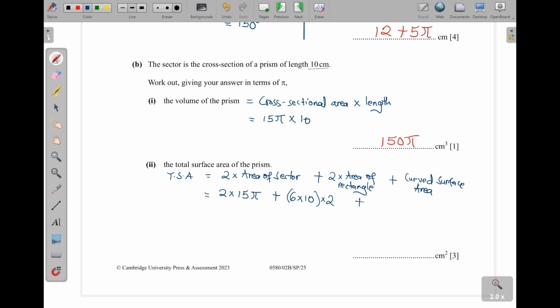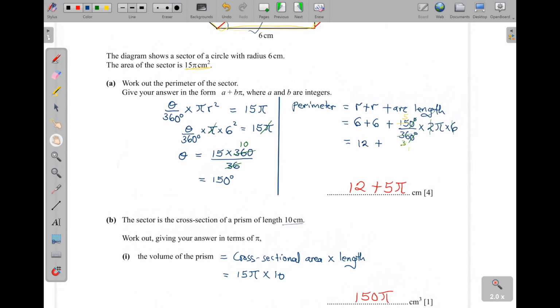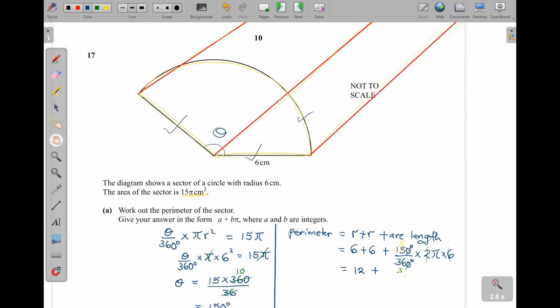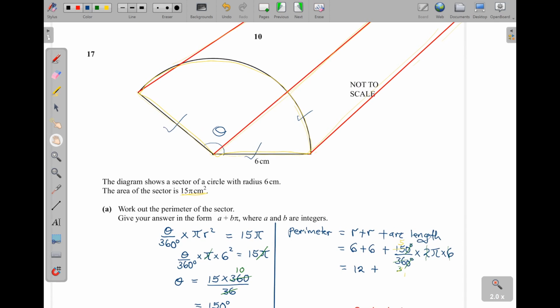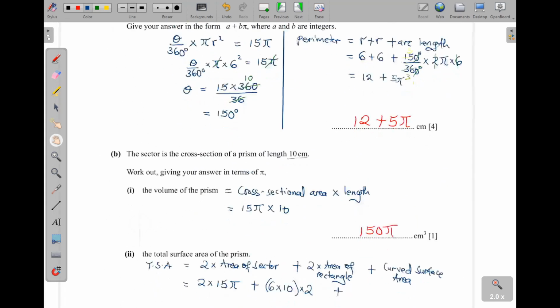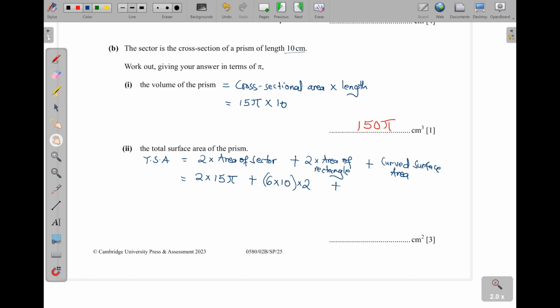The arc length, I'm not going to waste time, right from here, we saw this arc here, what we got was 5 pi, because arc length is going to be the angle subtended at the center, divided by 360, then times 2 pi r. So it is 5 pi. Now, I multiply it by the length, which is 10.